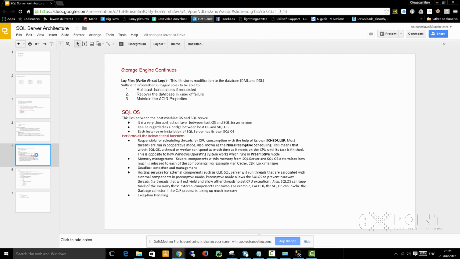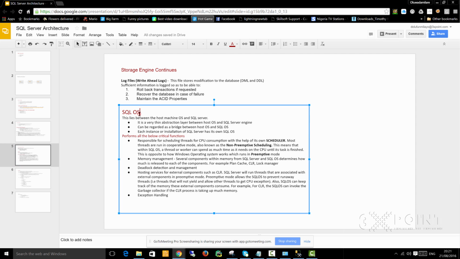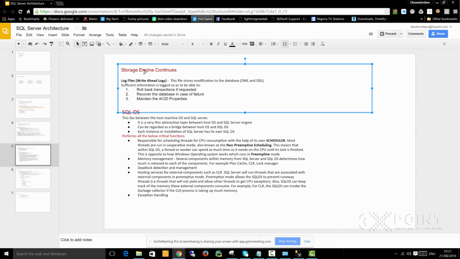So moving on, the final part is this SQL OS. All right, before I talk about the SQL OS, there's another part of the storage engine that continues here, which is the log files. It's also called the write ahead logs, and this is the file that stores modification to the database, and the extension for this one is LDF.